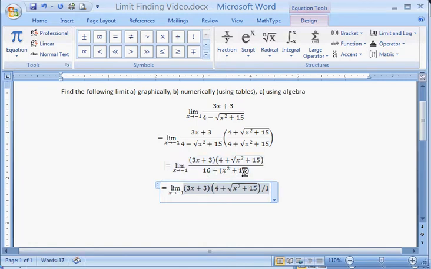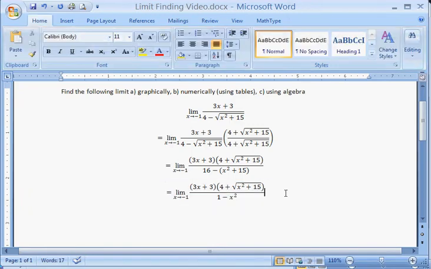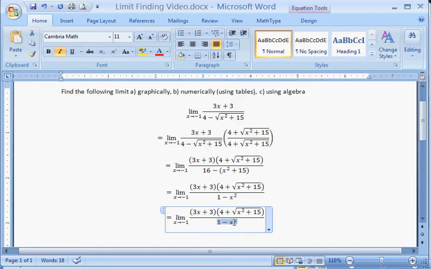So that's just going to leave me with a 1 in the denominator and a minus x squared. Okay? Now I'll take that, and I need to simplify still farther. What else could I simplify? Well, notice that this is the difference of two perfect squares. So we could rewrite it as 1 minus x, 1 plus x. Okay, that's all the way factored.